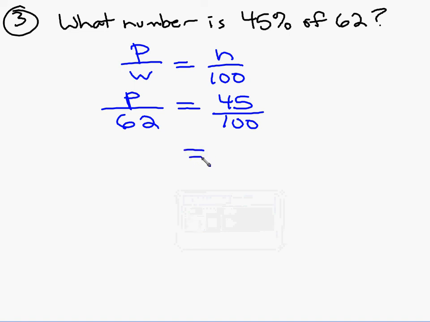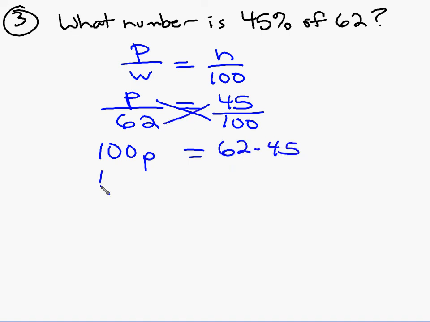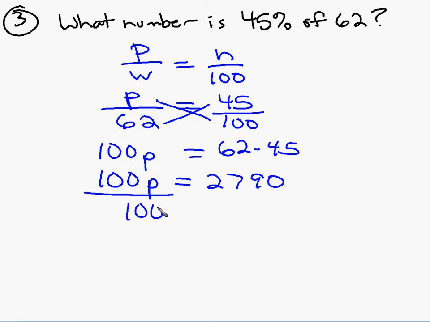Okay, you should have cross-multiplied 100p equals 62 times 45. So then 100p should have equaled 2,790. Divide both sides by 100. And p equals 27.9.